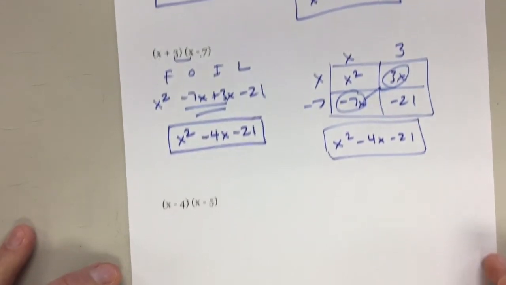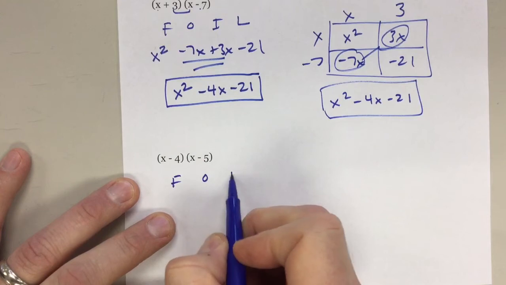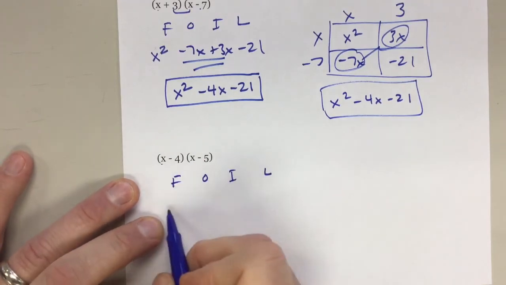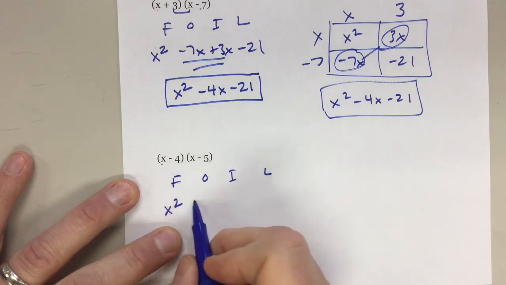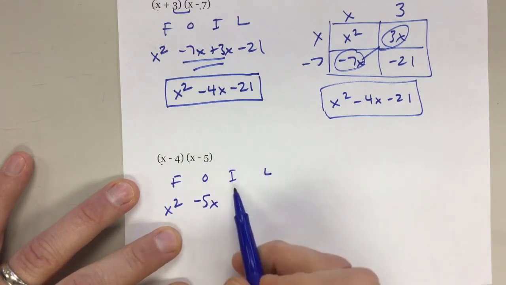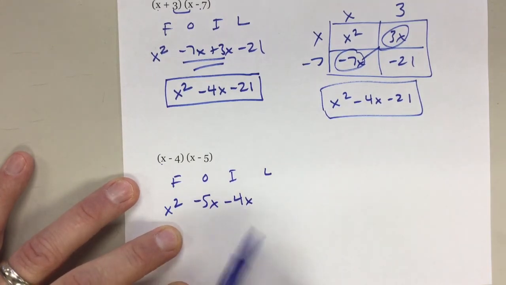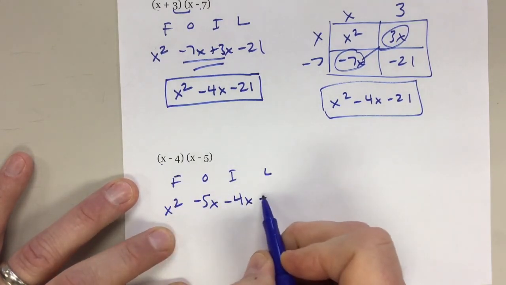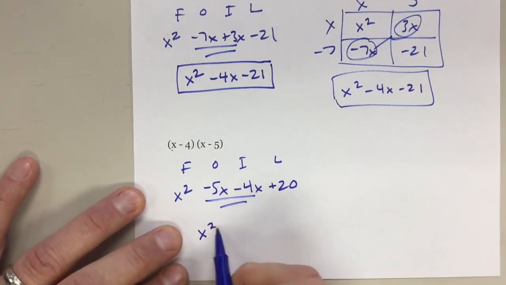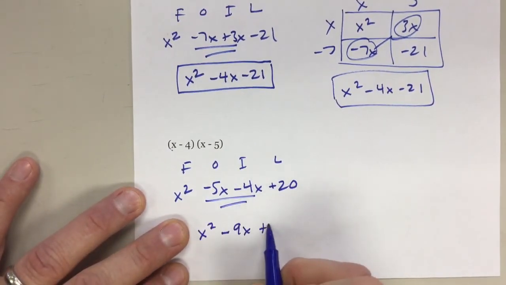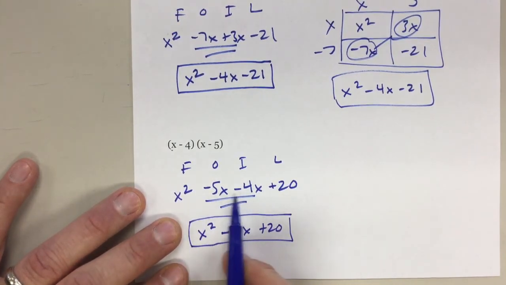One last example. Let's use FOIL first. X times x is x squared. Outside is x times negative 5. Inside is negative 4 times x. And last is negative 4 times negative 5, which is positive 20. Like terms. Again, remember, we're adding these together, not multiplying.